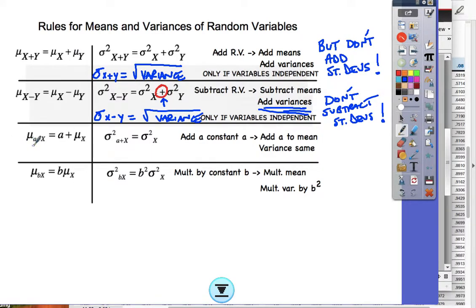When we are adding a constant or subtracting a constant, you are allowed to add that constant to the mean. But we do not add a constant to a variance or to a standard deviation.